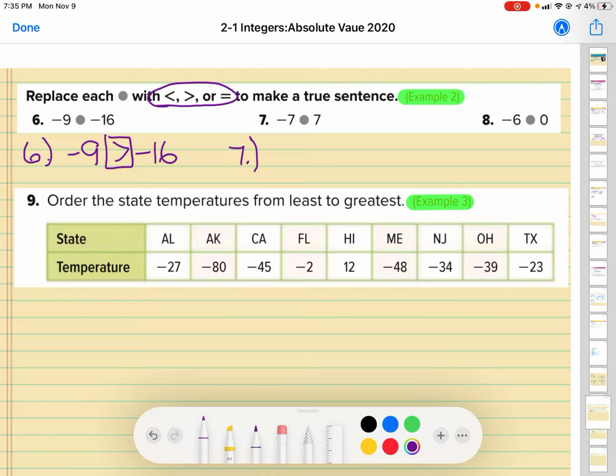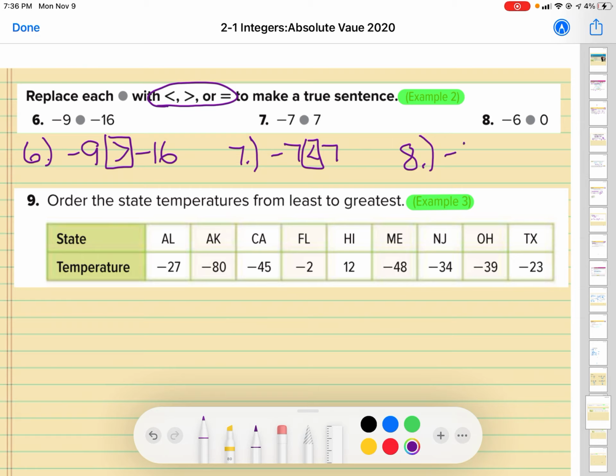-7, not -7, problem 7. -7 and 7. As we said before, guys, a negative is always less than the positive. So that would be less than. I'm trying to write so carefully so the paper doesn't slide around.